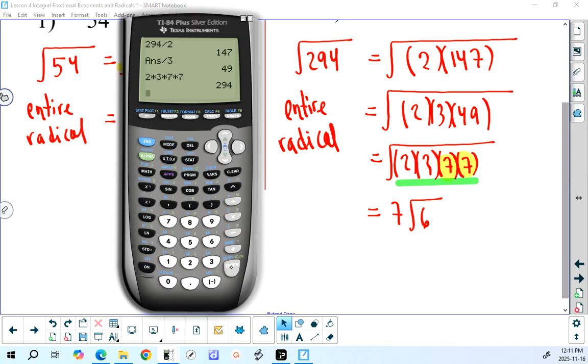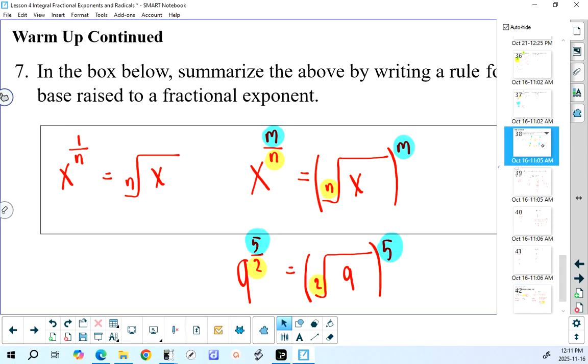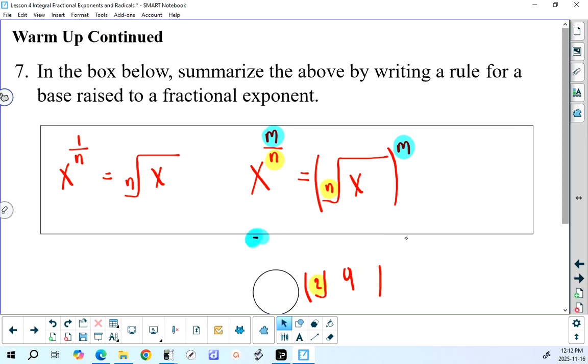Everything in this lesson boiled down to, or led to, what we're looking at on this screen right here. Understanding how to convert from a radical to a power with a fractional exponent, or from a power with a fractional exponent to a radical.